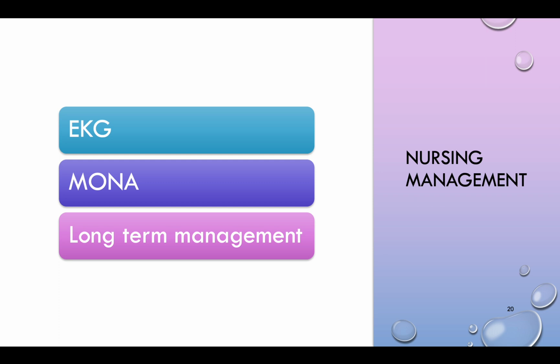Okay, so what do I do when my patient comes into the hospital and says, I have chest pain? Well, the first thing you're going to do is make sure they're not having a heart attack. That's what we're looking for. And in order for us to determine if a patient's actually having a myocardial infarction, we have to get an EKG.